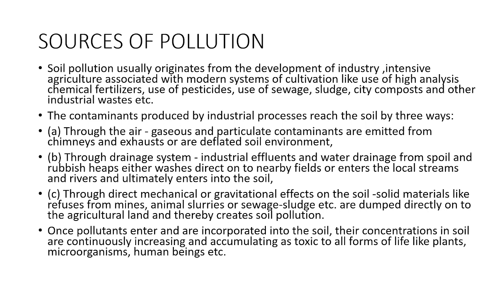The next one is through the drainage system. Industrial effluents and water drainage from soil and rubbish heaps either wash directly onto nearby fields or enter the local streams and rivers and ultimately enter the soil. Even though we say that only if the effluents come directly to the soil is soil pollution possible, that is not the case.